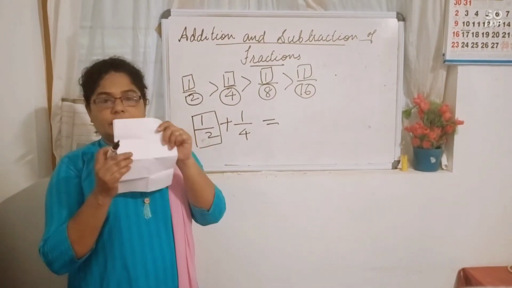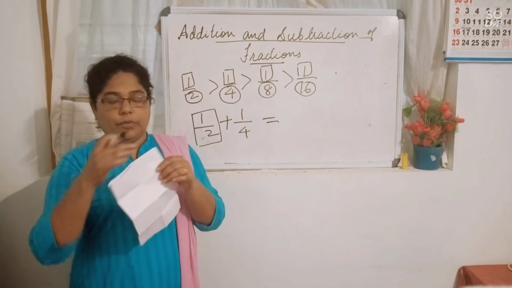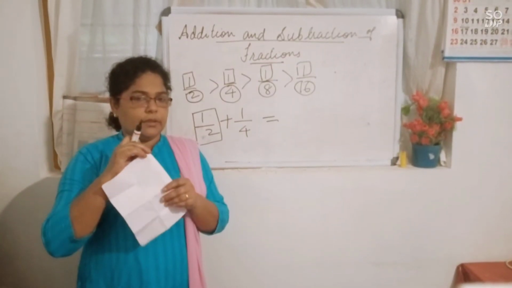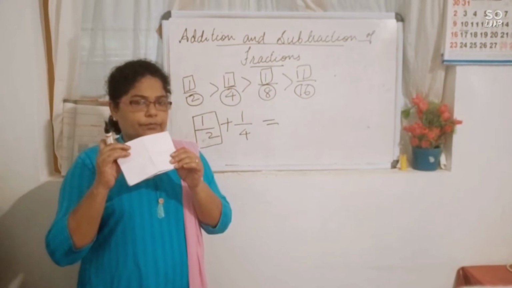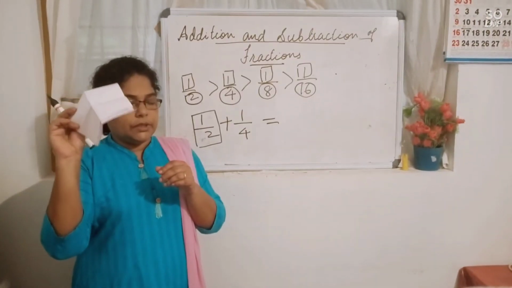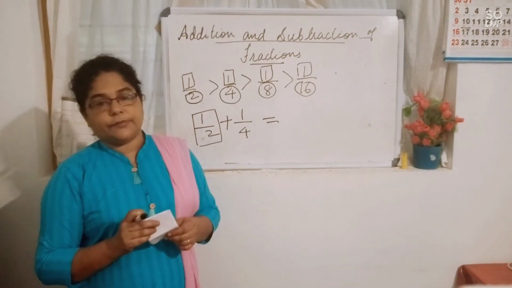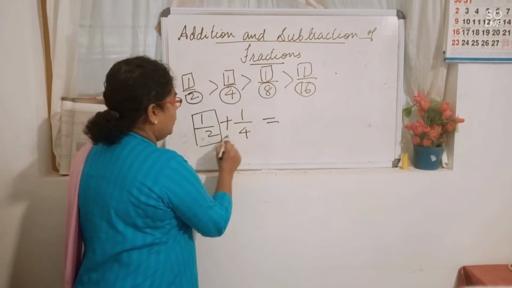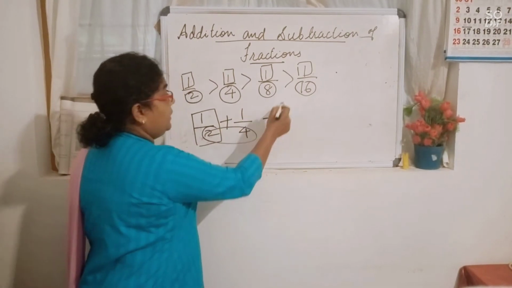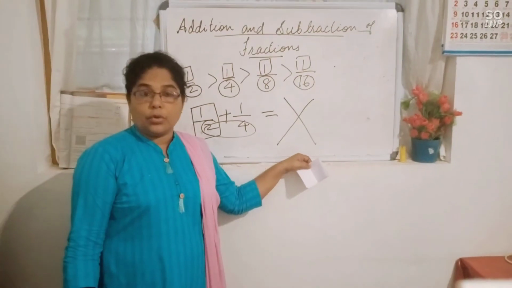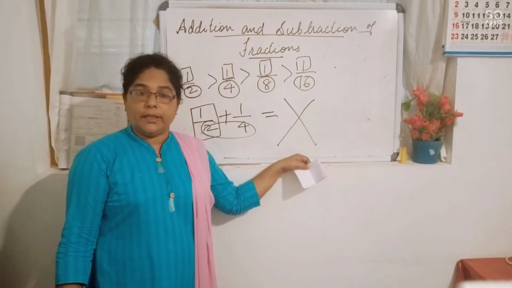But this is here a half portion, and one more piece we made. We did not divide this sheet into 6 pieces. So adding the denominators is a very great mistake. It is wrong. We should not add the denominators.